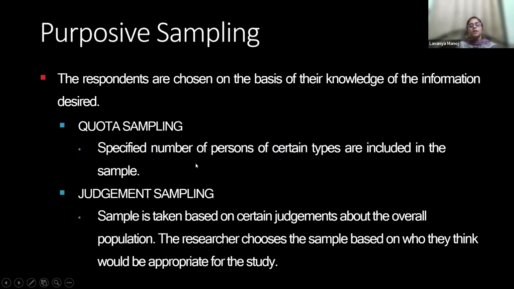In quota sampling, a specified number of persons of certain types are included in the sample. Not everyone will have the same kind of behavioral pattern. Every individual is unique, with different intellectual levels, different IQ levels, different likes and dislikes.